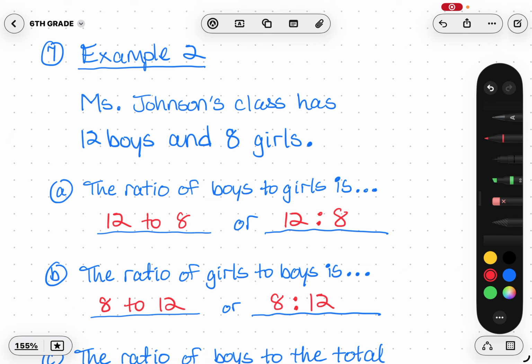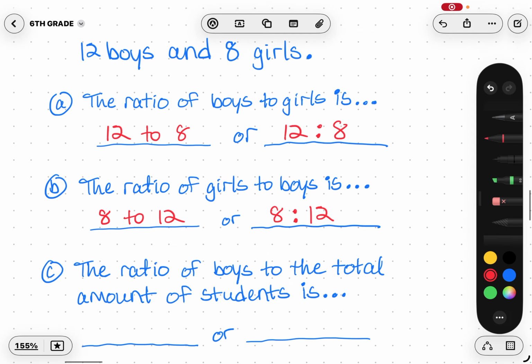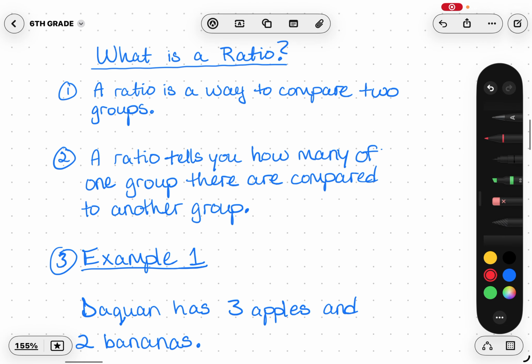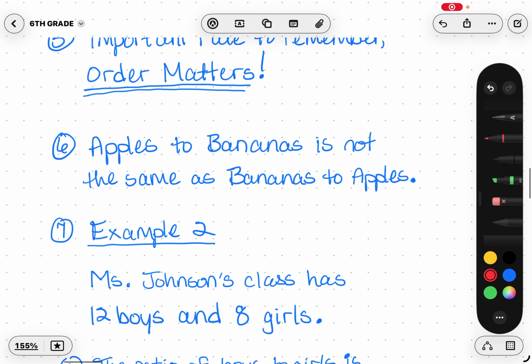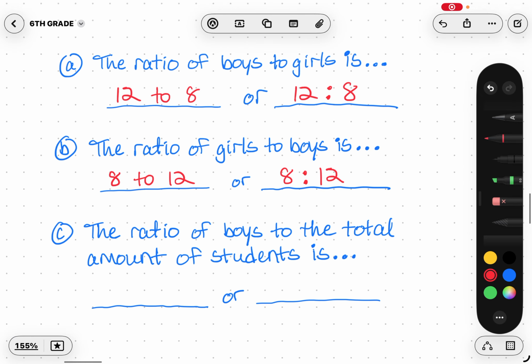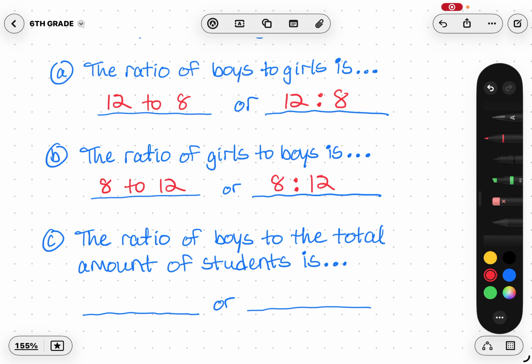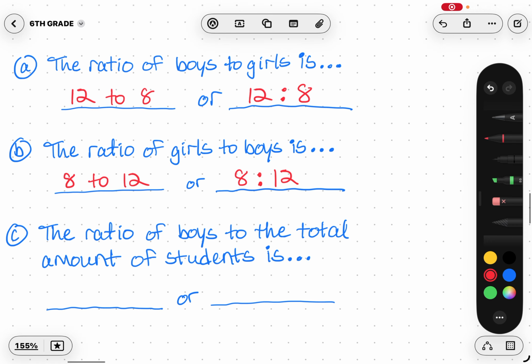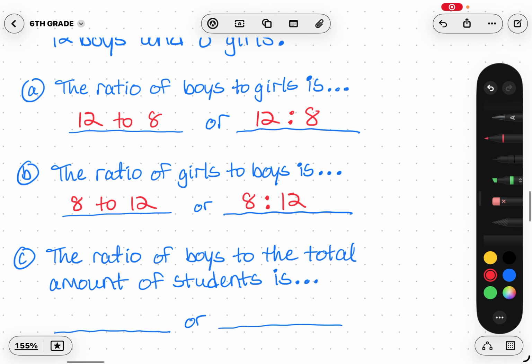Okay? And the last one, because we talked about going back up to the top, it says that a ratio is a way to compare two groups. The groups can be a part to a part, or a part to a total, or a total to a part. So when we're taking a look at C, it says the ratio of boys to the total amount of students is, well, there are 12 boys and 8 girls.